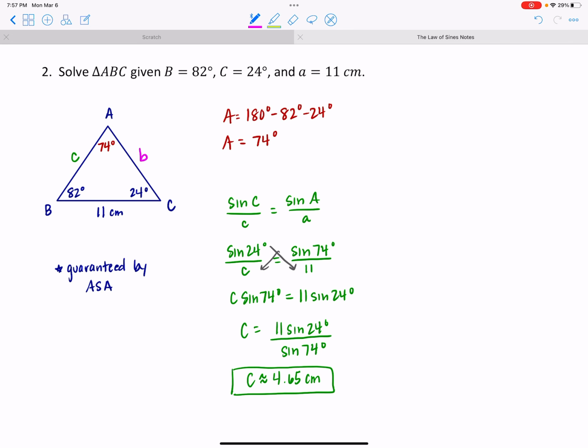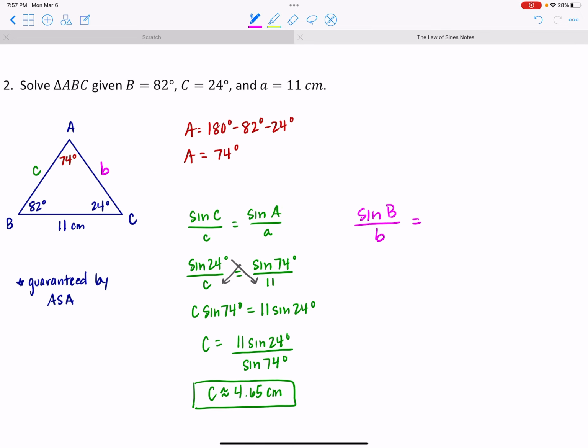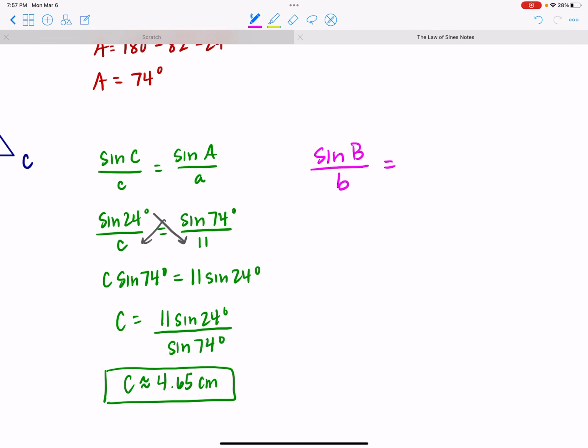And so sine of B divided by B, obviously I have to use that ratio to solve for B. It's going to be equal to sine of C over C or sine of A over A, but again, I don't want to use C because I approximated that value. So I'm going to stick with the sine of A over A. So this is going to look, again, just like the last one.